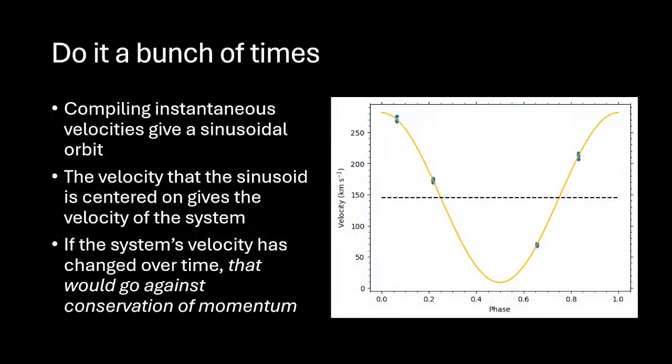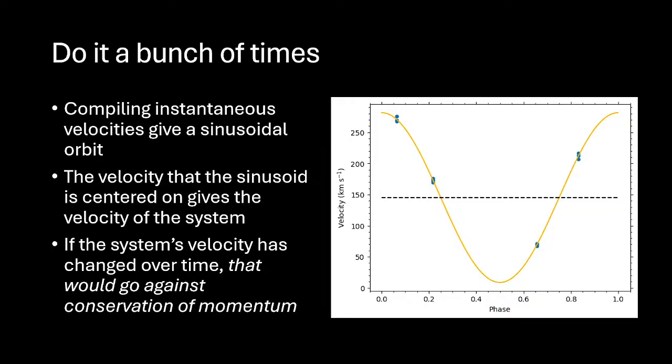It's a sinusoid because the stars are going in functionally a perfect circle, and that sinusoid does not have to be centered at 0. The velocity it's centered at is how fast the star is moving towards or away from us. And my goal with all of this velocity work is to see, has that system velocity changed over time?